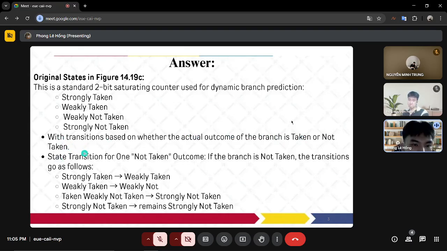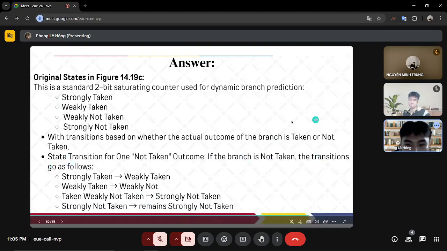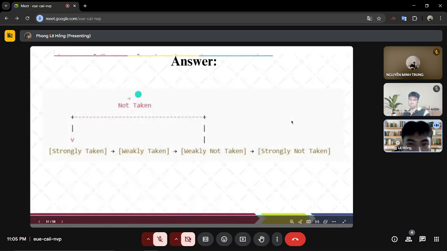And the state transitions for a not taken outcome, if the branch is not taken, go as follows. And this is the table.